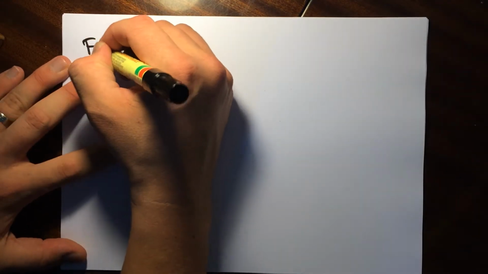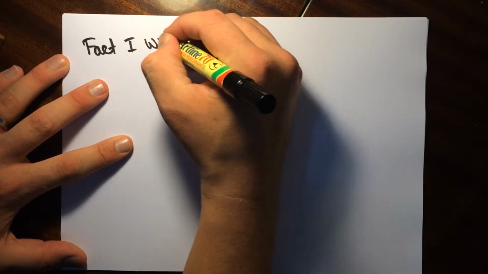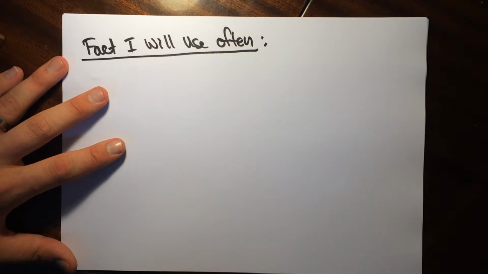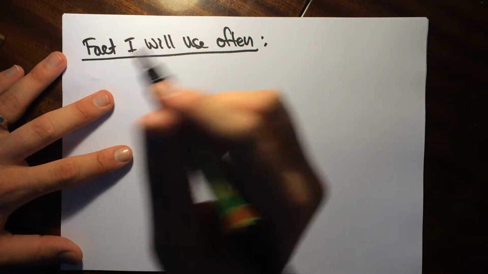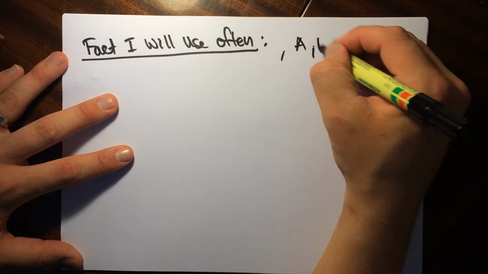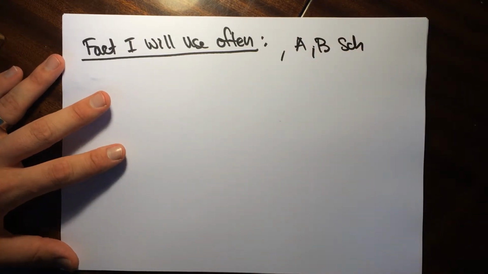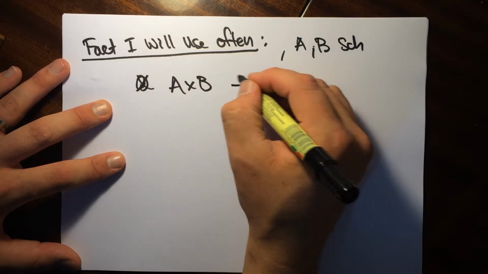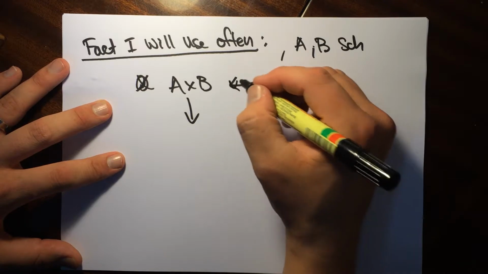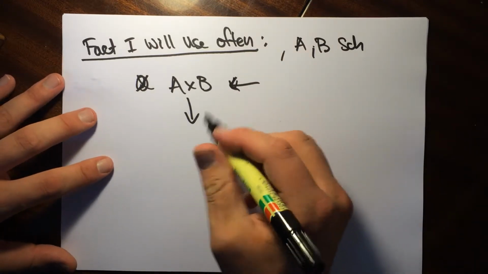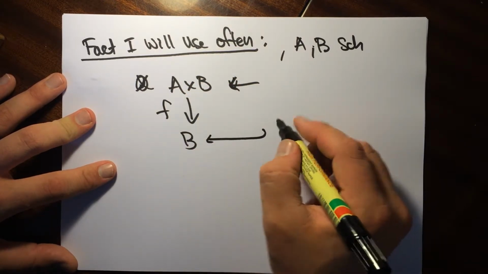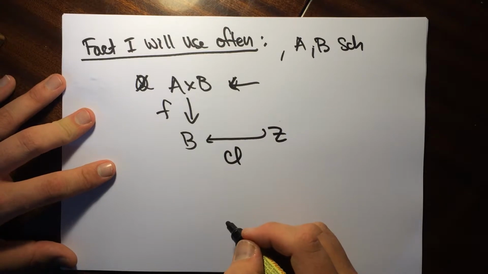Okay, I'm going to be repeatedly using a fact, a fact I will use often. We'll take A and B schemes, and we'll take A cross B, and we'll take B, and we'll have this projection here, and then we can take some closed immersion Z here.